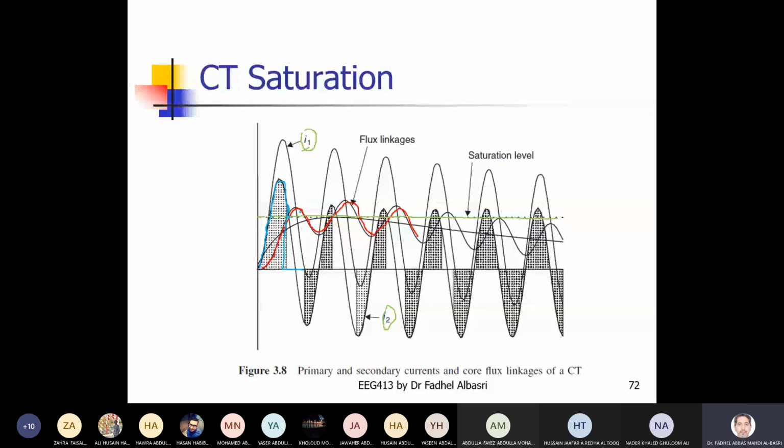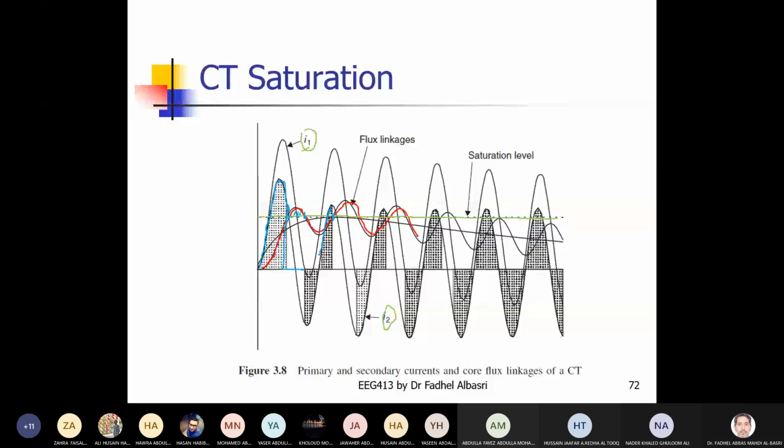From here to here is the CT saturation area, because the flux is higher than the saturation level. When it comes back to normal, then the current also returns to its regular values.